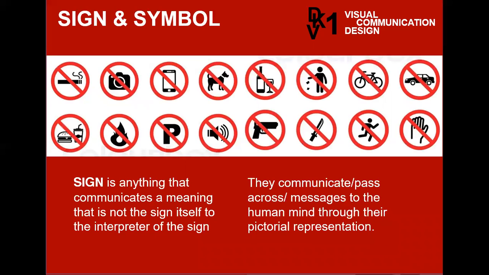Okay, this is one of it: sign and symbol. A sign is anything that communicates a meaning, that is not the sign itself, to the interpreter of the sign. They pass a message across to the human mind through their pictorial representation.